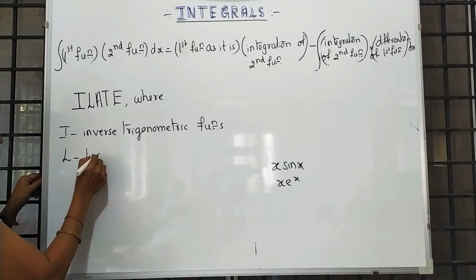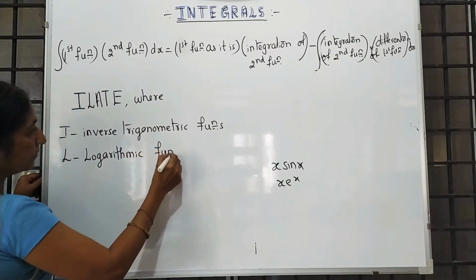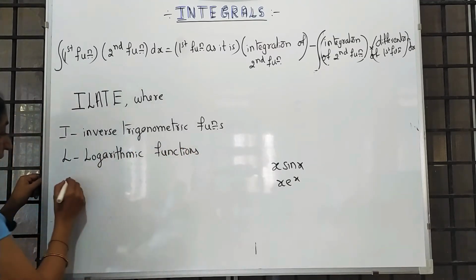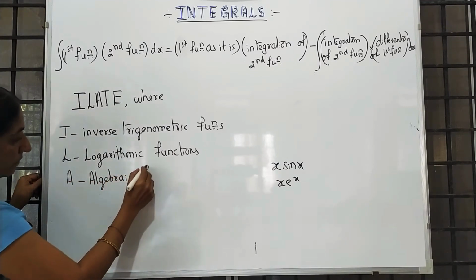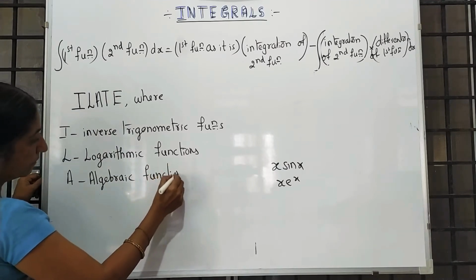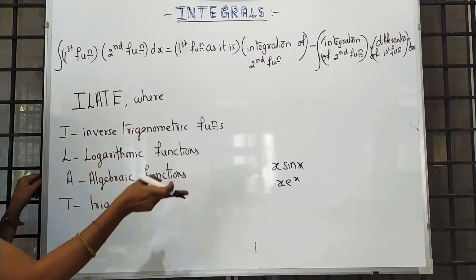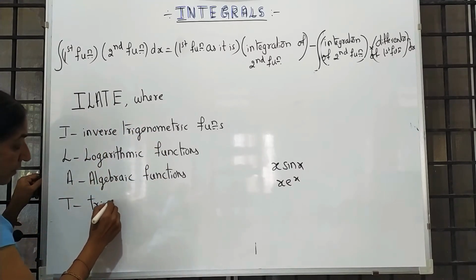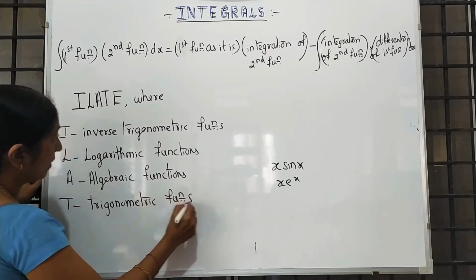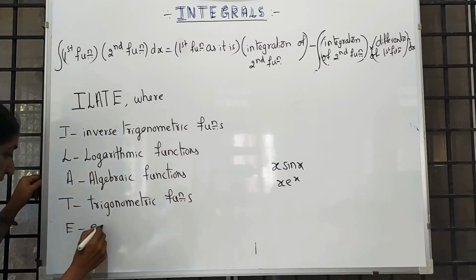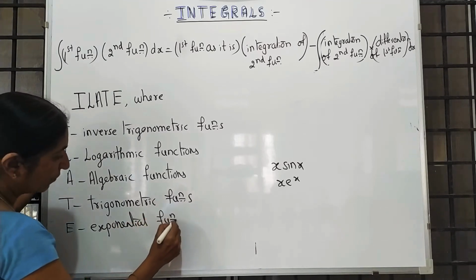L is logarithmic functions. A is algebraic functions. T is trigonometric functions. See, inverse trigonometric is different, trigonometric is different. And lastly, E is exponential functions. So, in this order we have to select.